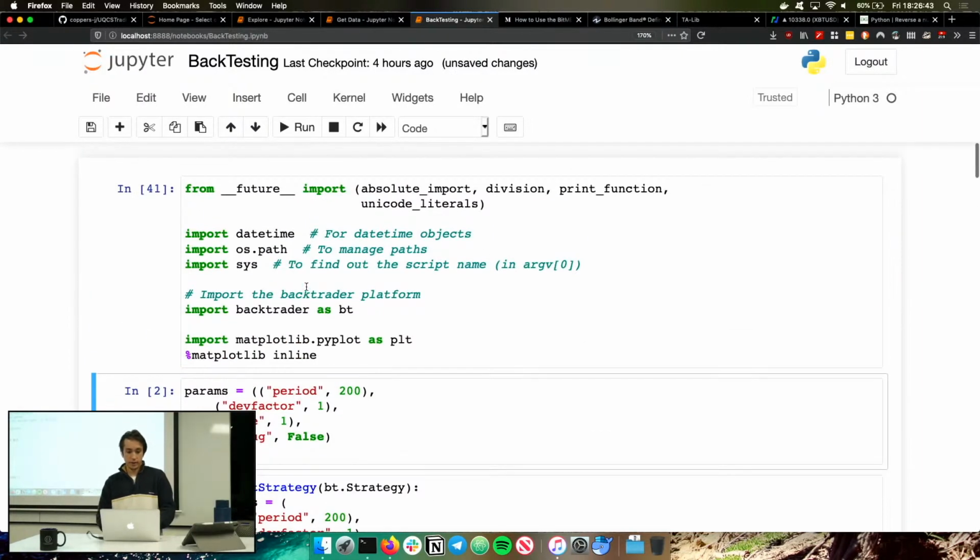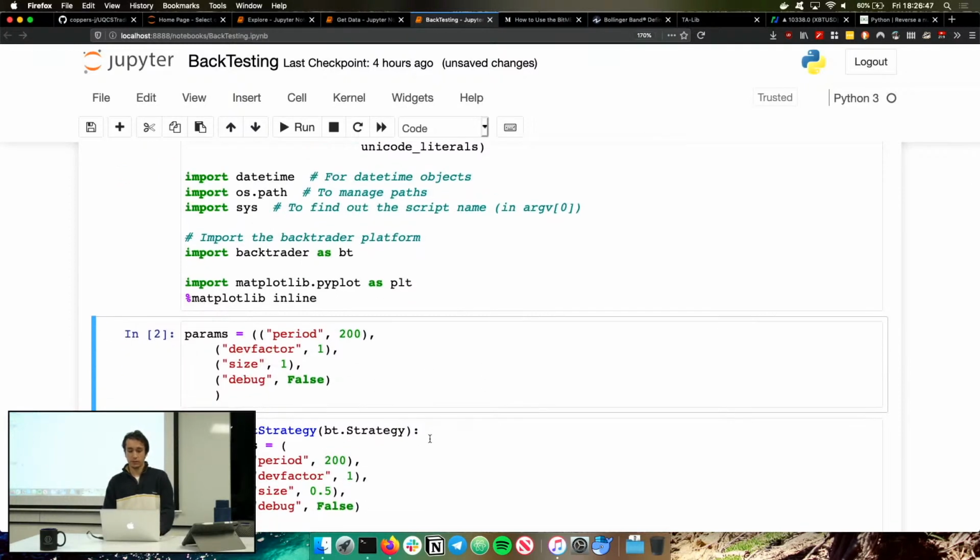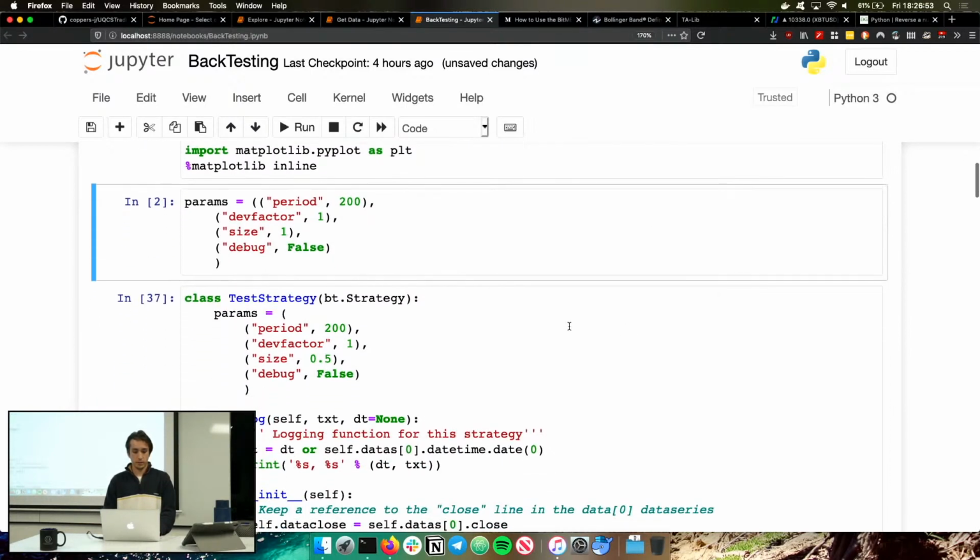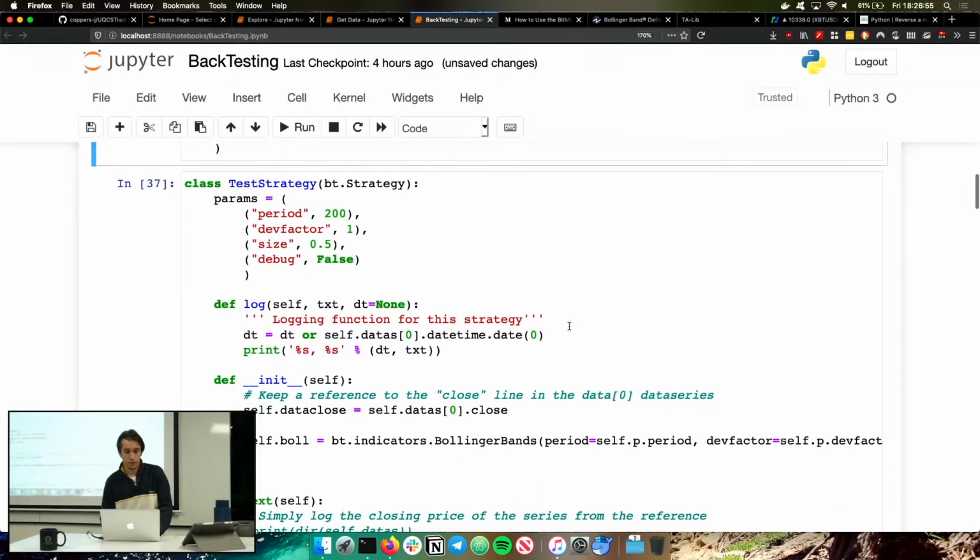So what allows us to do that is this backtrader library, which essentially just allows us to define a state machine, and this state machine passes over this historical data that we will feed it. So here we define the strategy. The moving average period, so these parameters, we're going to say is 200.